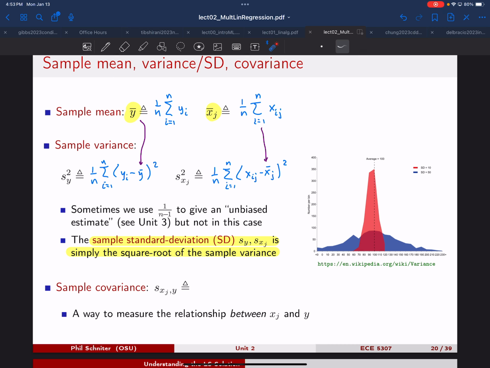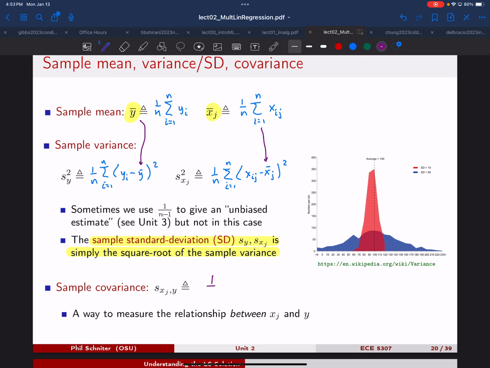Okay, so the mean looks at y alone, the variance looks at y alone, or x alone. We also need to know the relationship between the x's and the y's, and for this we can use something called the covariance.